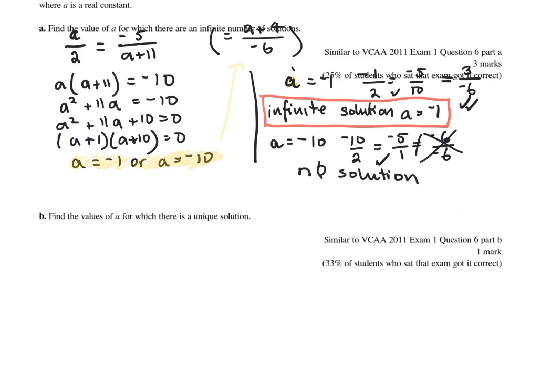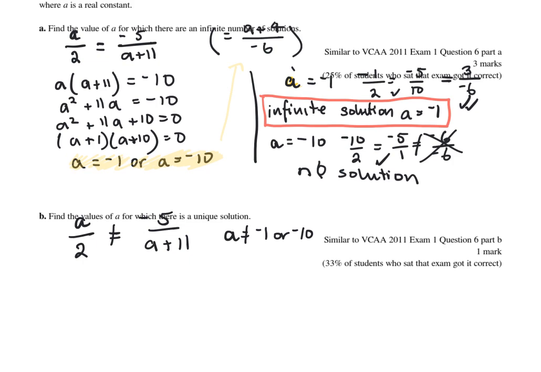In the exam, you'll often get a double point question. So here they've asked to find the value of a where there's an infinite solution. But also part B is asking you where there's a unique solution. So we know the unique solution happens when the ratios do not equal each other. We've already solved this, so we know that this does not equal -1 or -10.